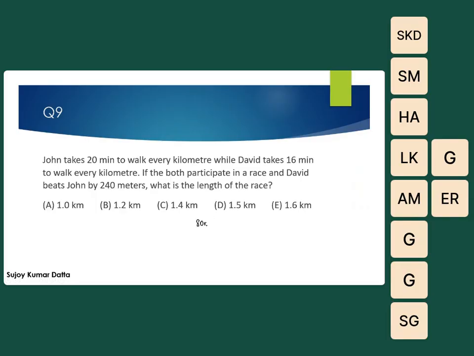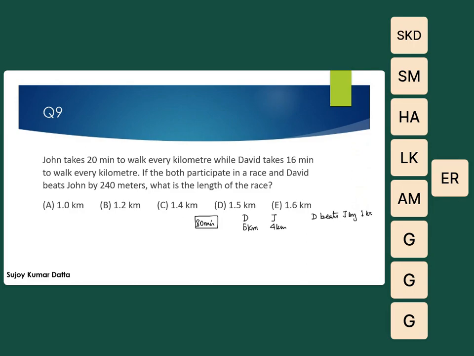So if I make the time 80 minutes, I'll go back to the same question again. So we got David covering 5 kilometers, and John covering 4 kilometers. So David beats John by 1 kilometer. Now, if this has to reduce to 240 meters, so the question is the length of the race, not the time of the race.